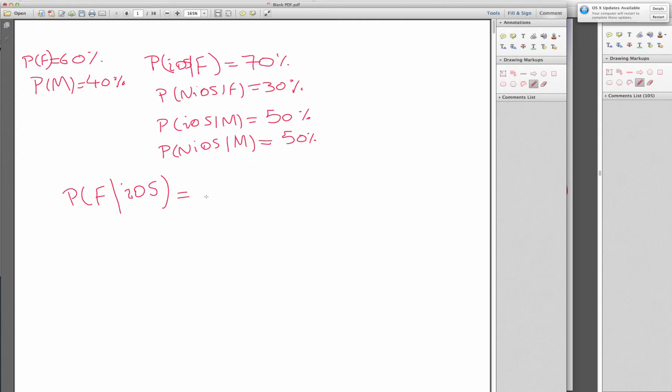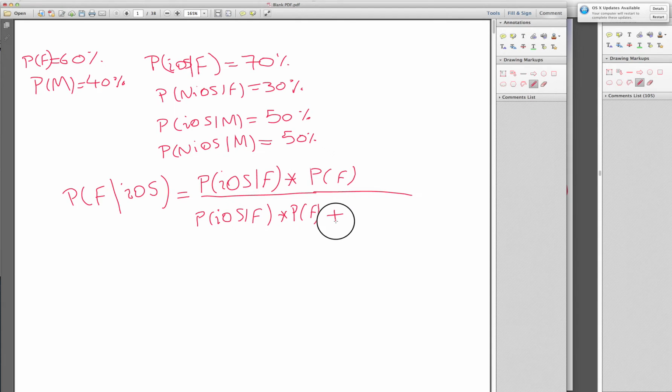So that is equal to probability of iOS given female, times probability of being female, divided by probability of iOS given female times probability of female, plus probability of iOS given male times probability of being male.